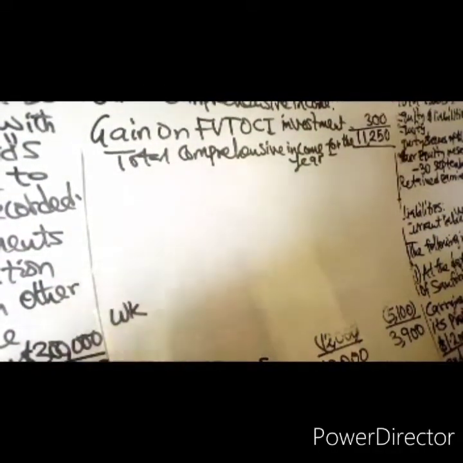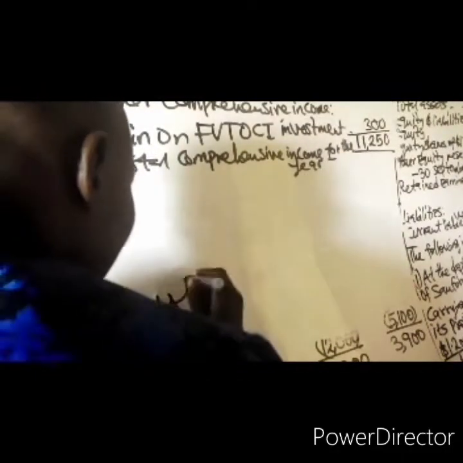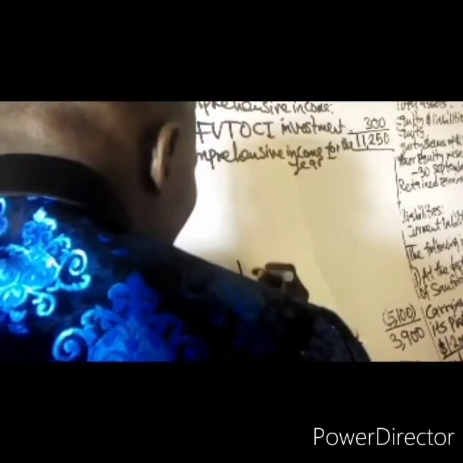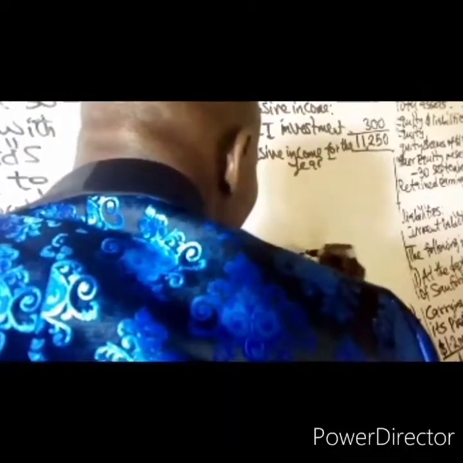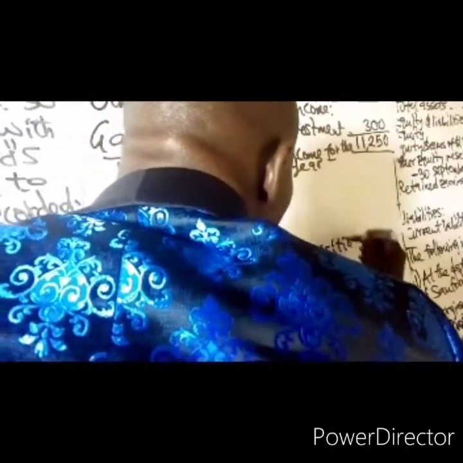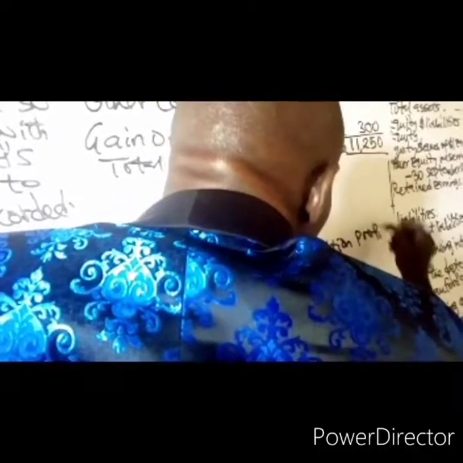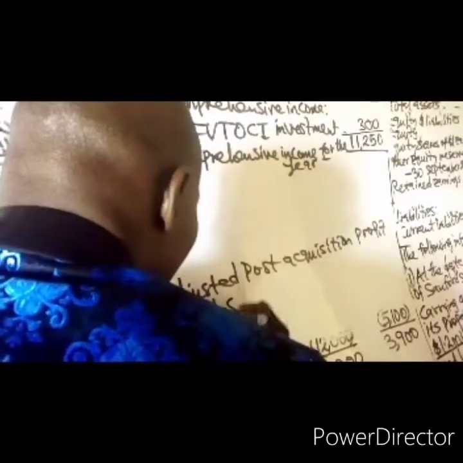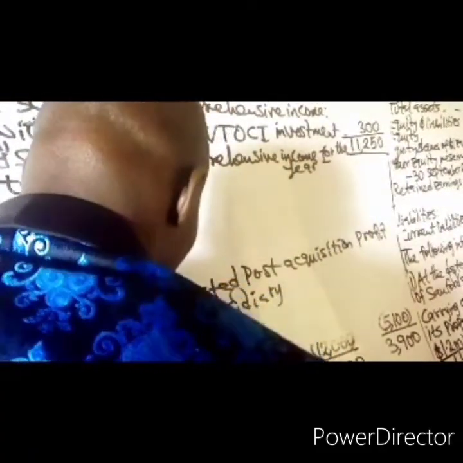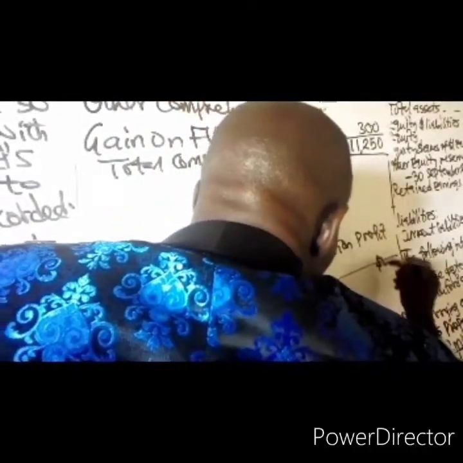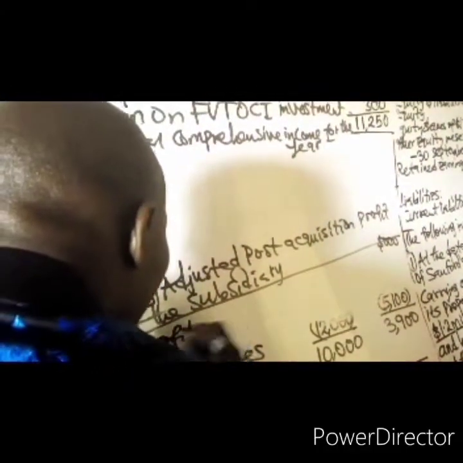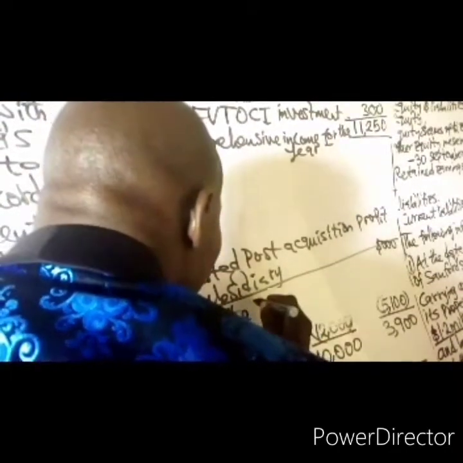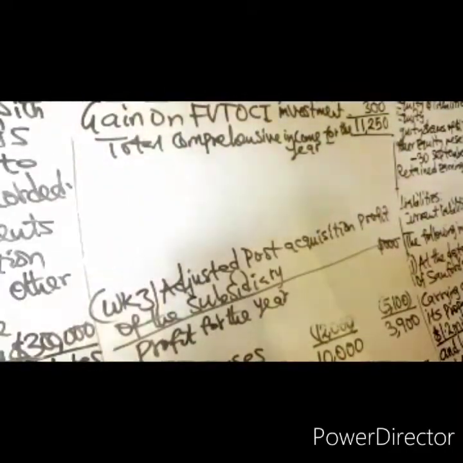Working 3. Adjusted post acquisition profit of the subsidiary. So you now have profit for the year relating to post acquisition period.